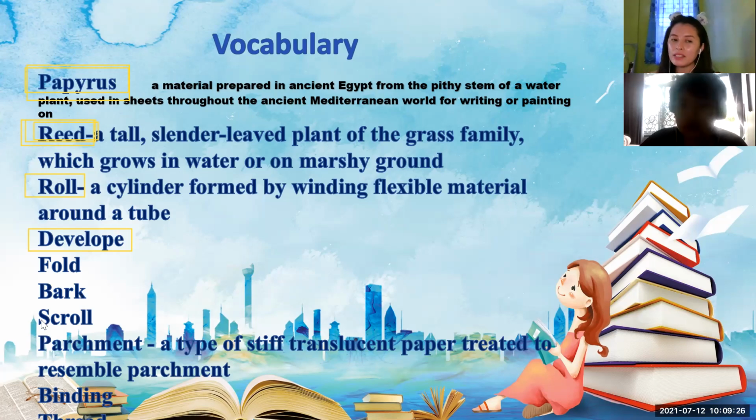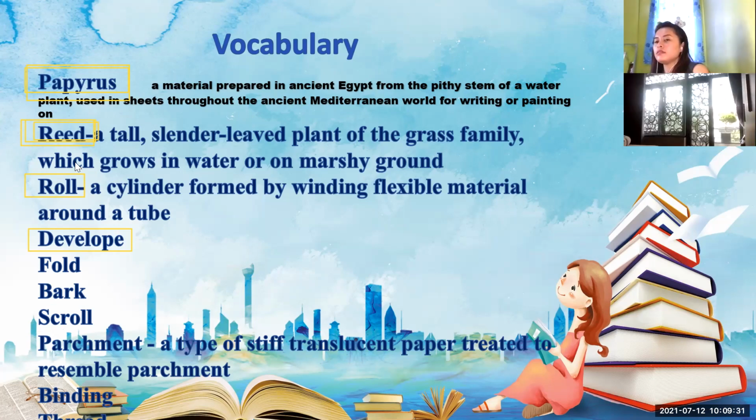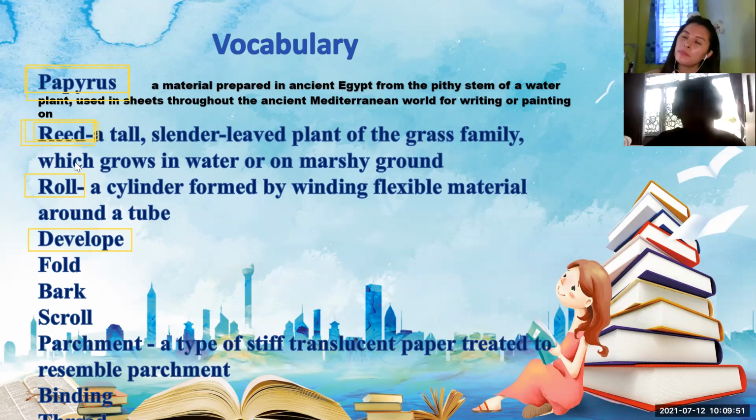Another one is scroll. Okay. So when you say scroll, it is also a type of paper.